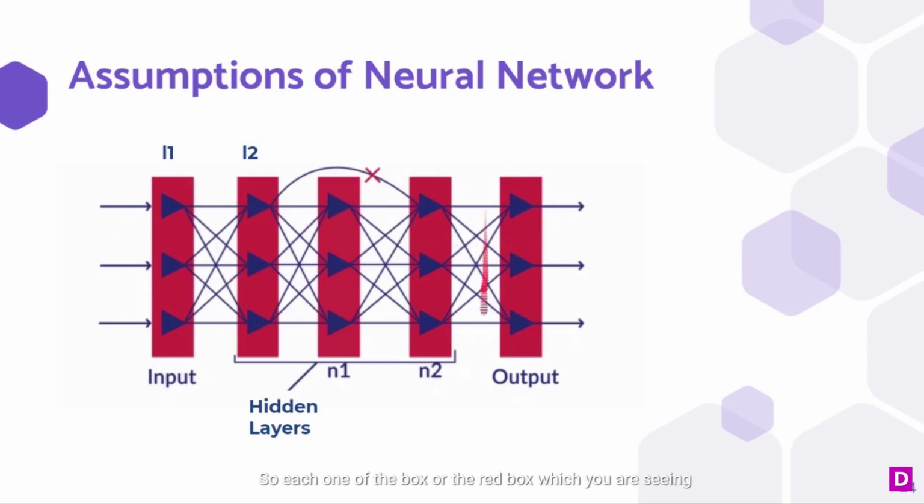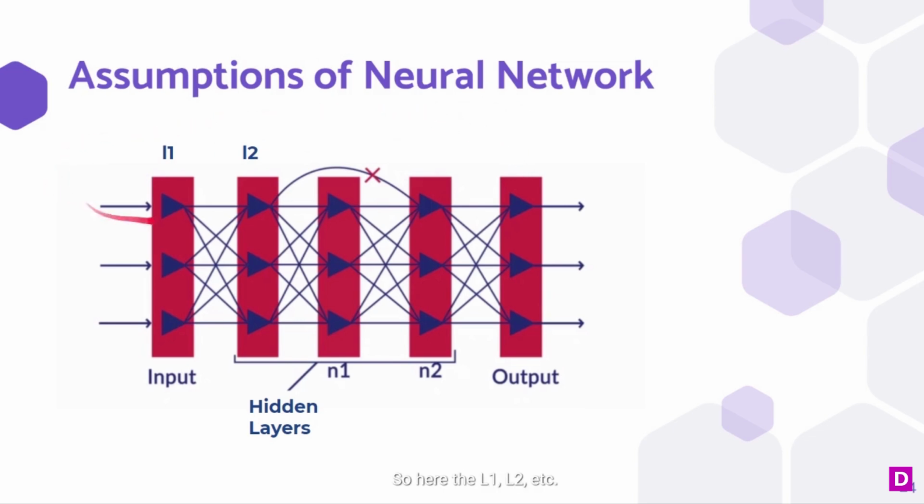Each of the red boxes you are seeing is called a layer, and each layer consists of any number of neurons. Currently I have taken only 3 neurons to represent it in a simplified way. So the basic assumption is that all neural networks will have neurons arranged in layers.